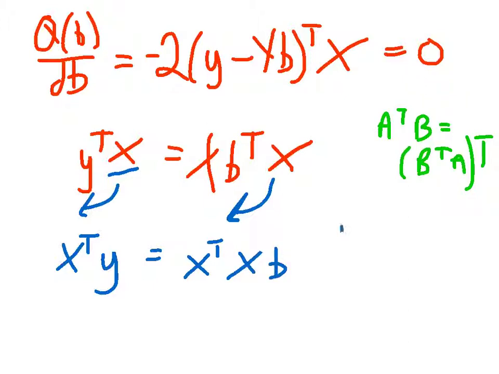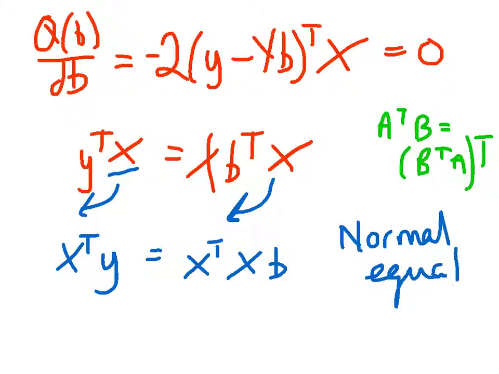So these become my normal equations, and all that remains to do is to solve those normal equations to make b the subject, and you can see fairly easily what I'm going to need to do here.